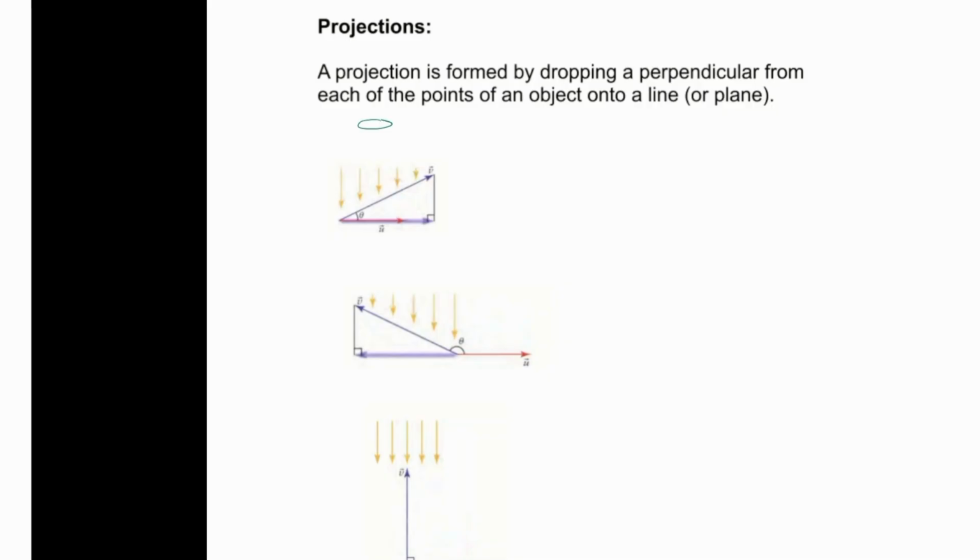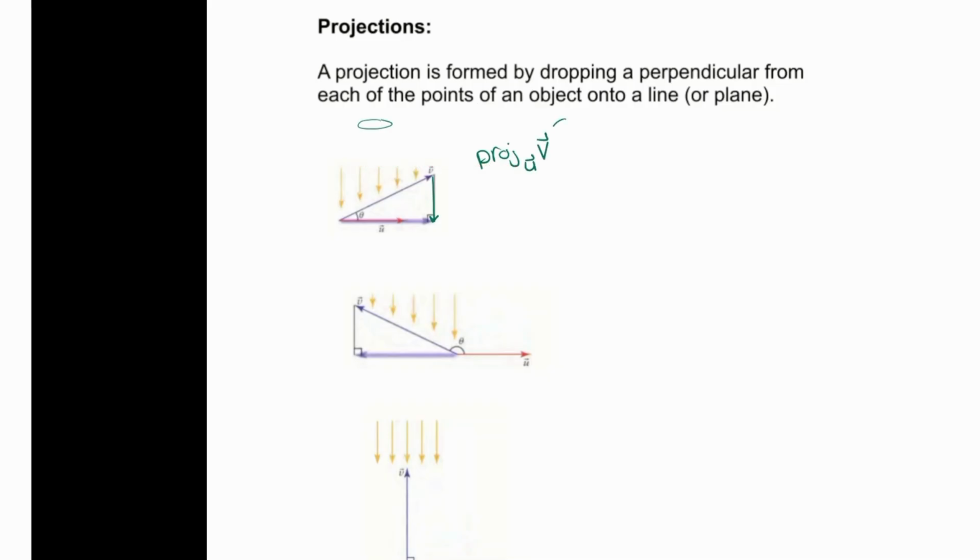And so this projection of V onto U is the shadow that V is going to cast onto U. So we can find that the projection is formed by dropping a perpendicular line down from the tip of the vector that's being projected and creating this new piece of vector that follows the same direction as the other vector.